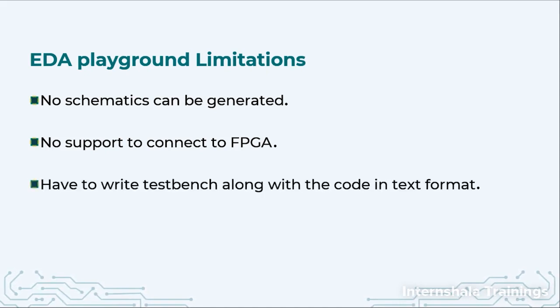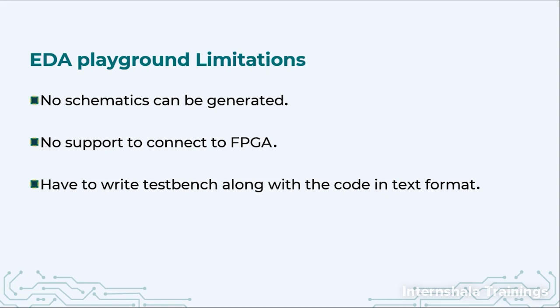You have to write your test benches. In the next module, we will see that there are two different ways of simulating. One is by waveforms, which we briefly discussed in the previous video also when we were discussing Vivado, where we generated the waveforms. The second method is manually writing them using a text-based code. So in this platform, you don't have the GUI option.